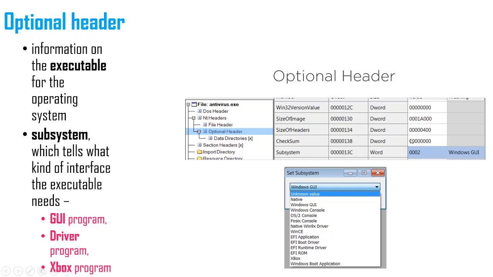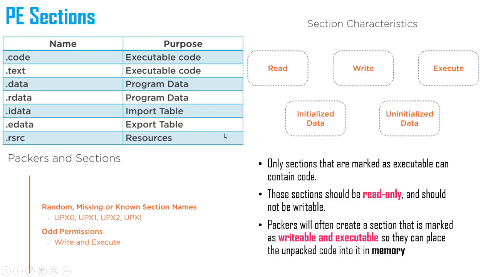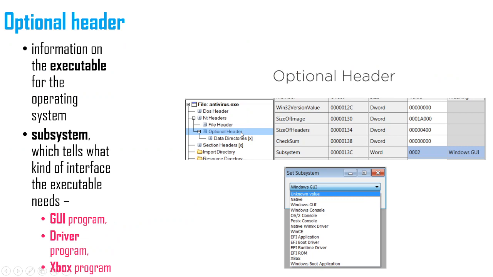On the right hand side of the slide, I have given a snapshot of what the optional header looks like. So it will come under the file header. So there is an optional header. It will tell you the subsystem, whether this malicious file needs a GUI program to run, or a driver program, or an Xbox program to run. So this is the second thing you have to note down.